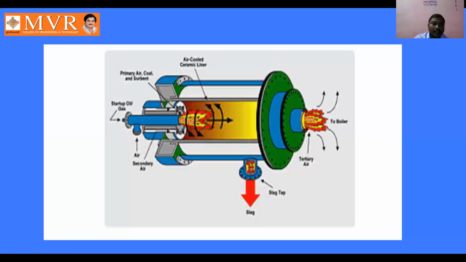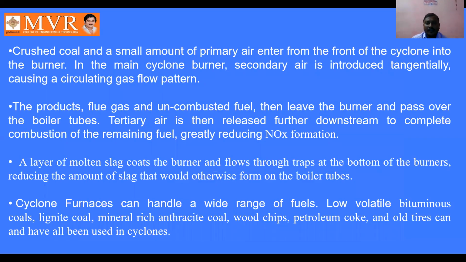In the cyclone barrel we have some boiler tubes, and tertiary air is then released further downstream to complete combustion of the remaining fuel, greatly reducing NOx formation. A layer of molten slag coats the burner and flows through traps at the bottom of the burners, reducing the amount of slag that would otherwise form on the boiler tubes.